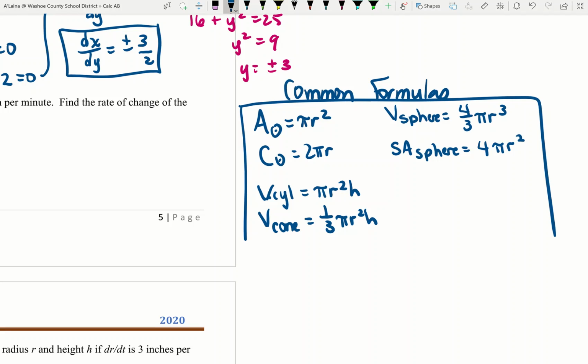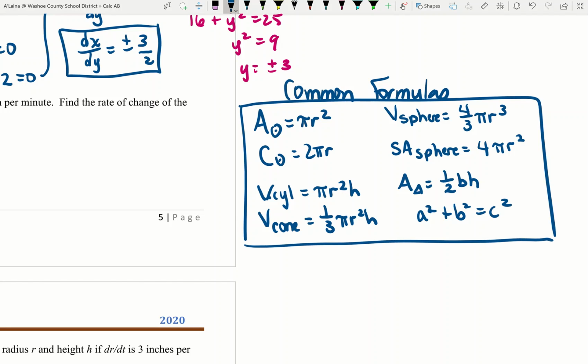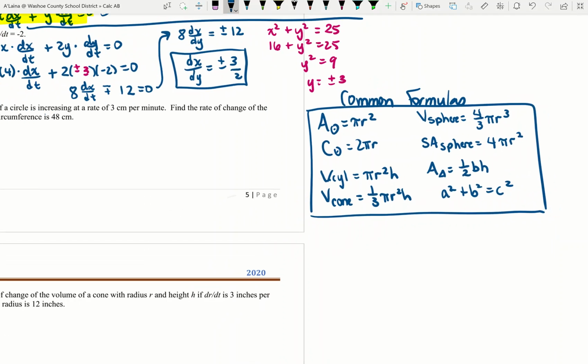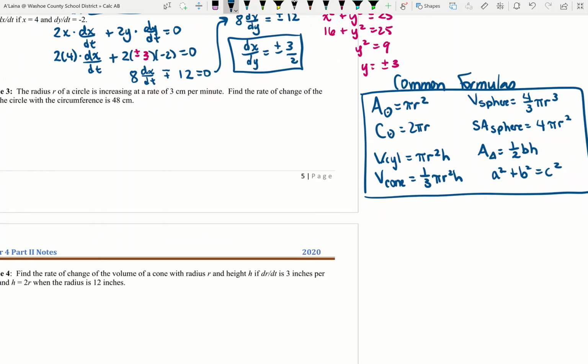So it's common sometimes with triangles to use the area of a triangle, which would be 1/2 base times height, or sometimes the Pythagorean theorem for right triangles, a squared plus b squared equals c squared. It is possible to have some other ones, but these are the ones that show up the most. And so these are ones that you're going to want to be familiar with and be able to quickly reference and memorize before a test or a quiz.